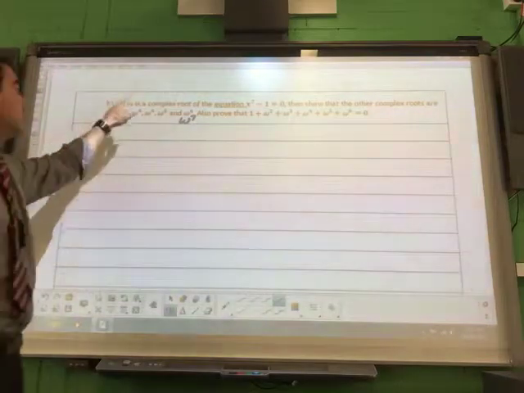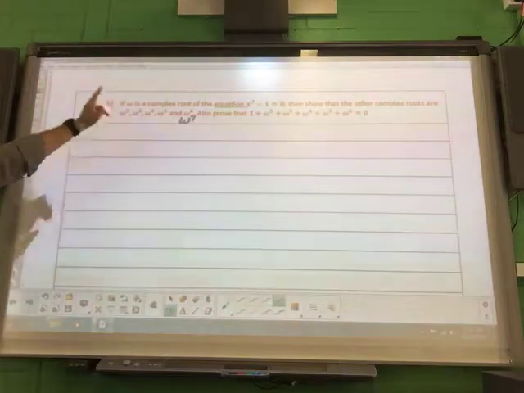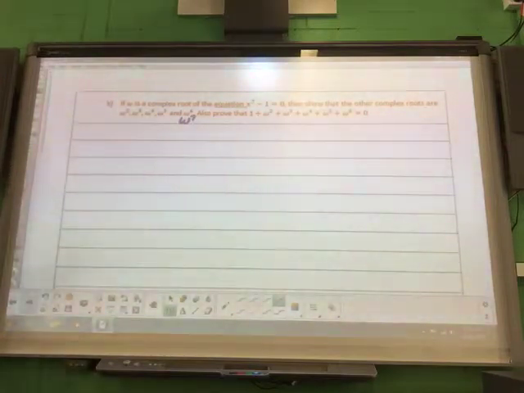So we've got one of them here. We're assuming that omega is one of them. We're going to show that omega squared, omega cubed, all the way up to omega 7 for our 7 roots, are also the other complex roots.